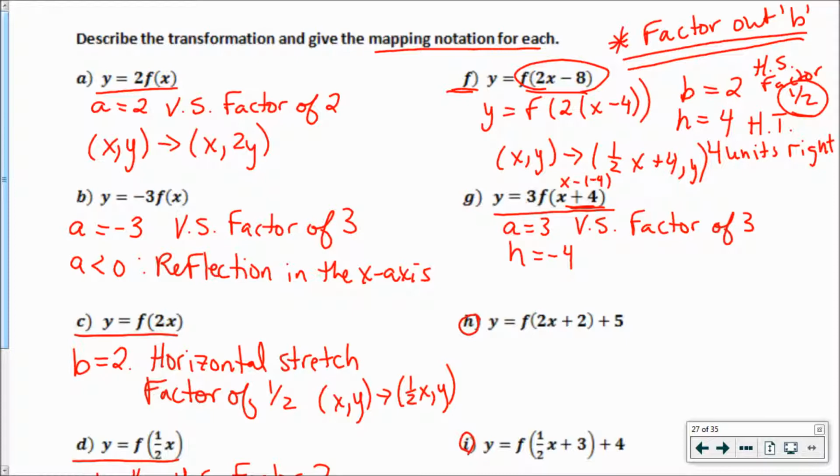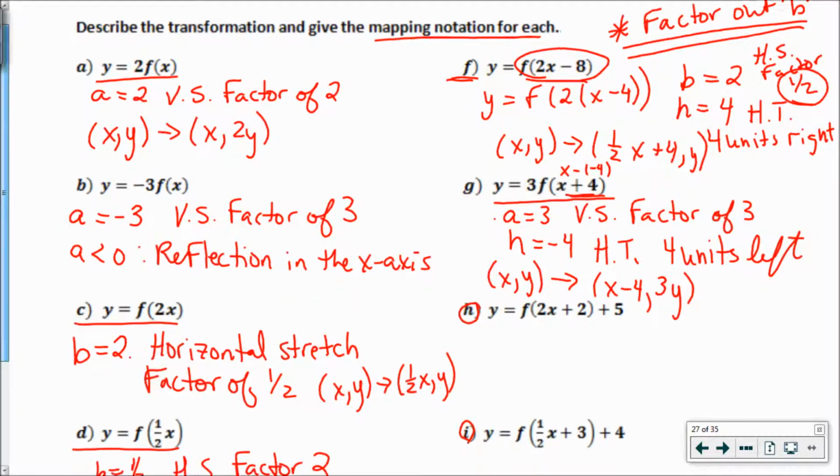So that's why it looks like +4. So that is going to be a horizontal translation, 4 units to the left. So I'm going to put those pieces of information together. My x is going to be affected by h, and the y by the a value. So I would have (x minus 4, 3y).